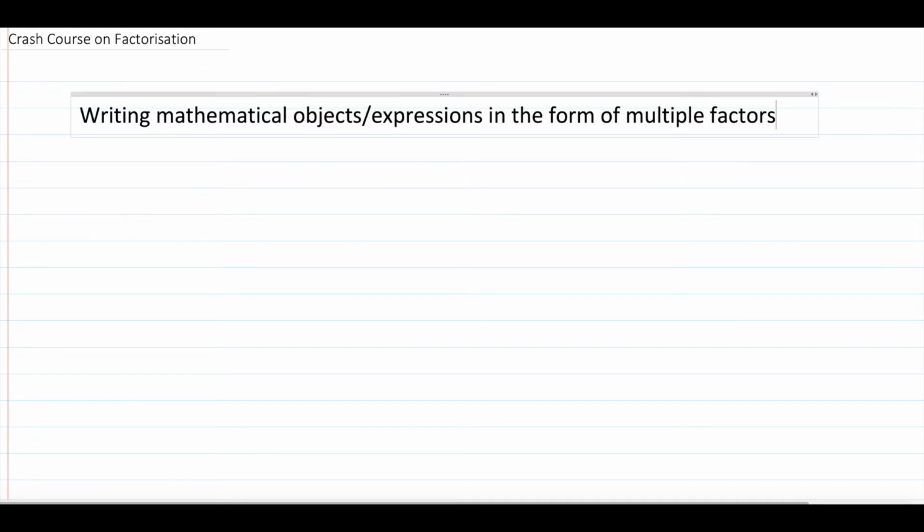First of all, what exactly is factorization? Factorization is the art of writing a mathematical object or expression in the form of multiple factors. In Methods and Spec, this normally means converting a polynomial expression, so your x squared, x cubed, x to the power 4, x to the power 5, and so on, into linear factors, and in some instances into quadratic factors if you can't factorize those further.